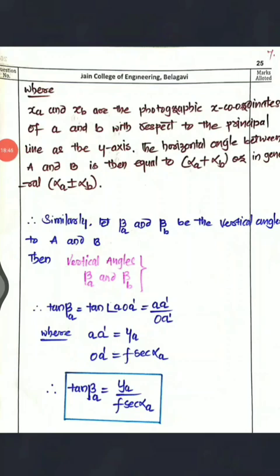Now for the vertical angles beta A and beta B, see here tan beta A is equal to tan of AOA dash, that is AA dash divided by OA dash.